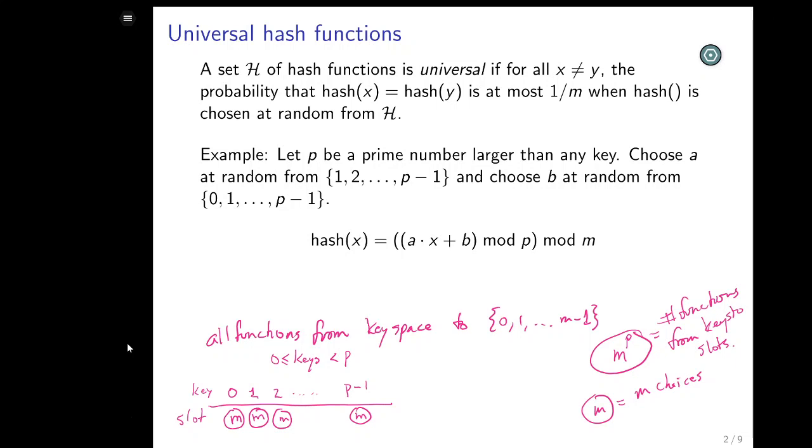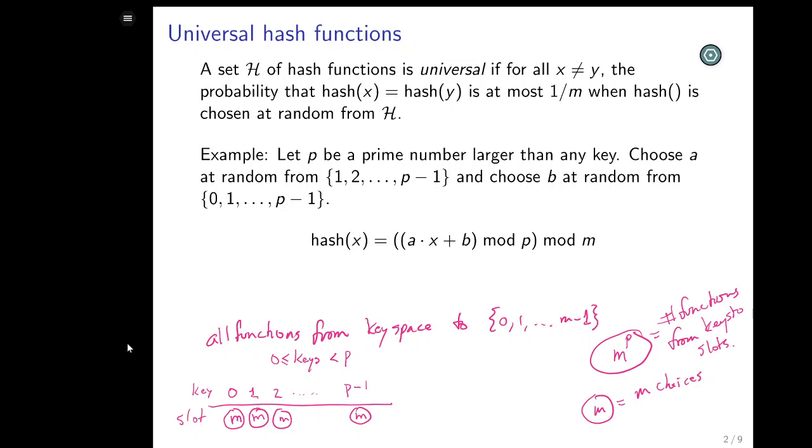And that's a lot. The problem is, we could use all functions, because now if I look at any two particular keys, x and y, and I picked my function at random from this set of functions, I'm choosing basically every possible way of mapping x equally likely and every possible way of mapping y equally likely. So the probability that those two things collide is exactly like this lottery ticket thing.